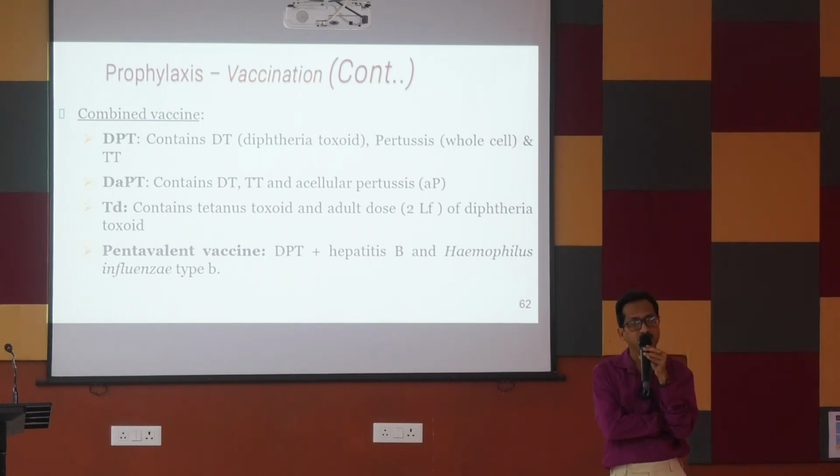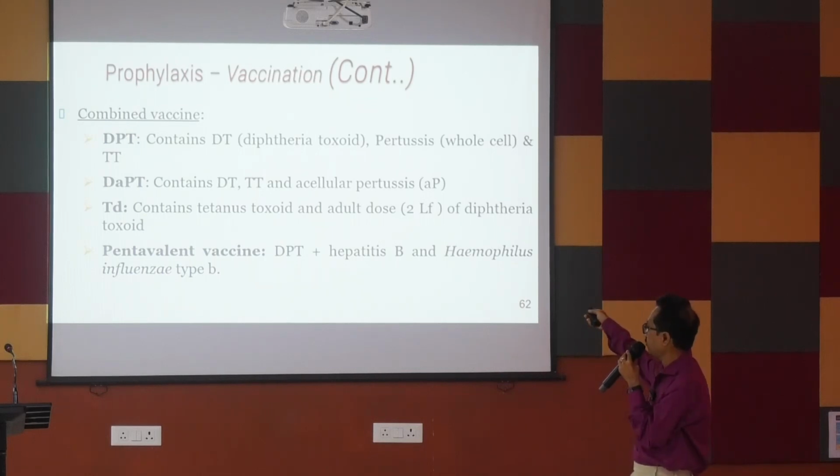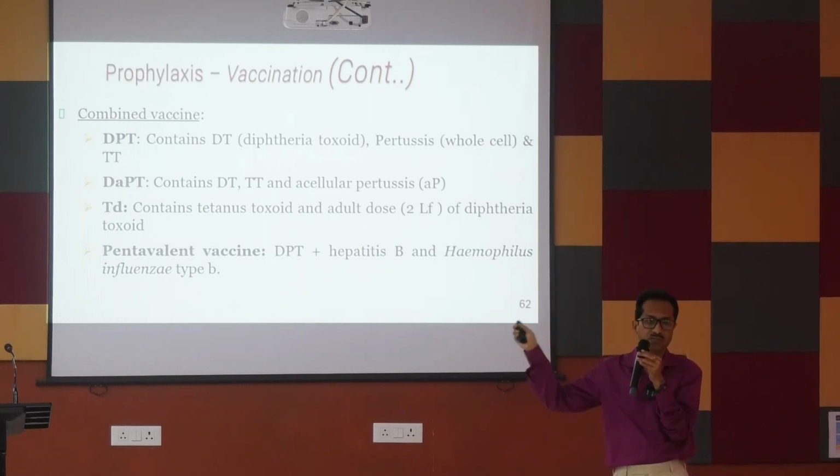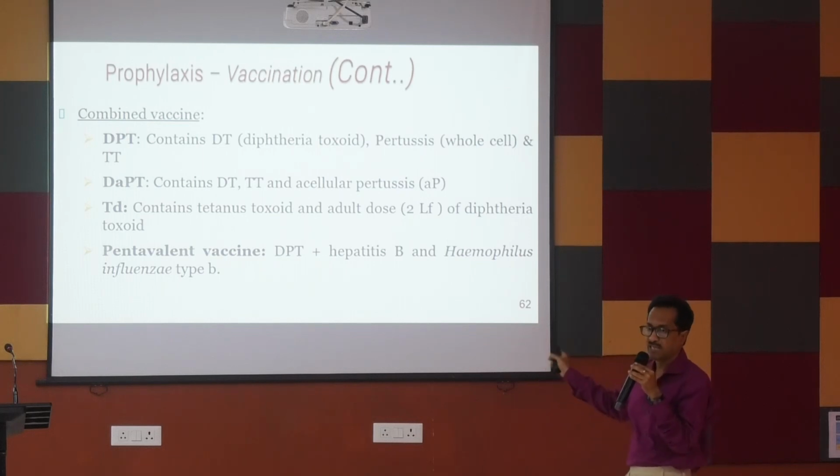Usually it is given at the age of 6 weeks, 10 weeks and 14 weeks, then a booster at 18 months and a booster at the age of 5 to 6 years. There you can use DPT with capital D, where the LF unit is 25, but if you have to give it to an adult, the LF unit is decreased to 2. T is capital toxoid, D is small diphtheria. That is the difference between capital D and small d. The LF unit is less, that is 2 LF units.